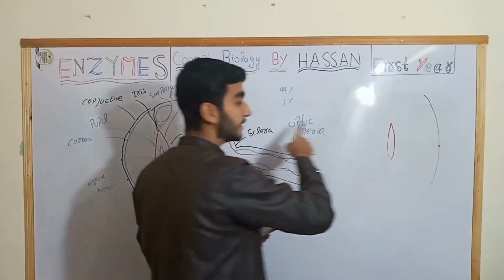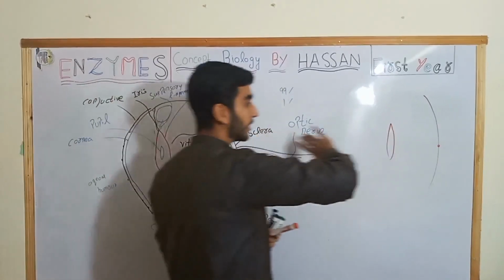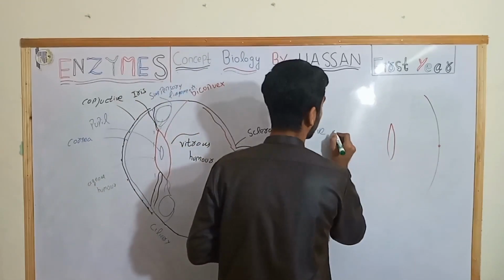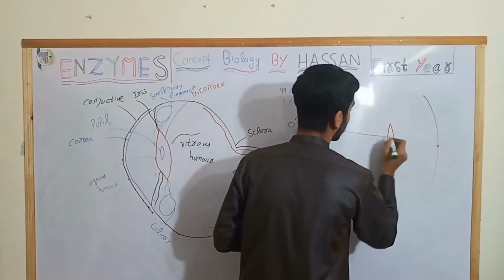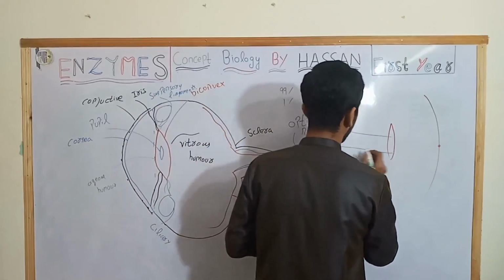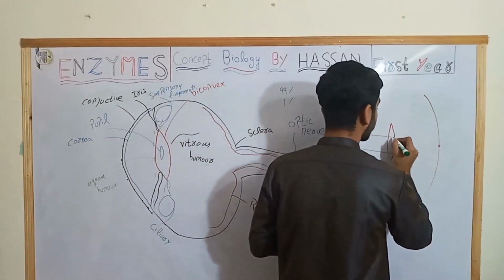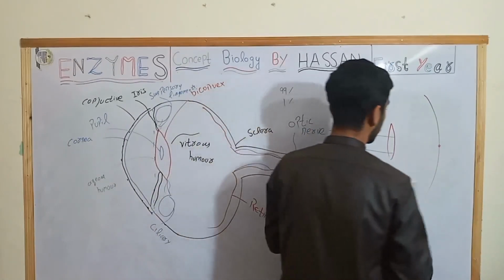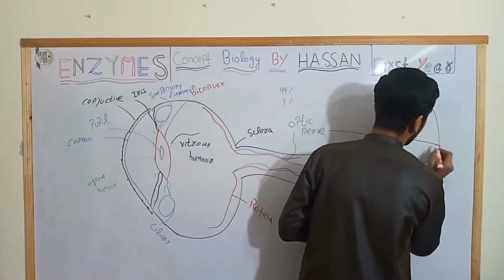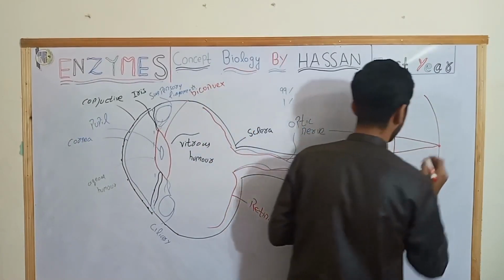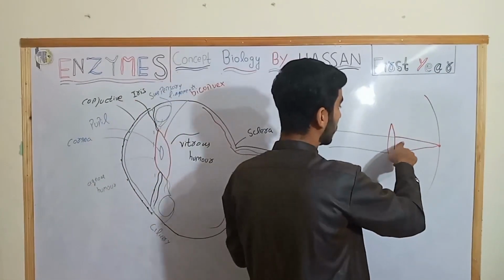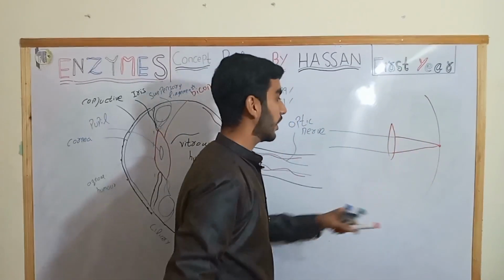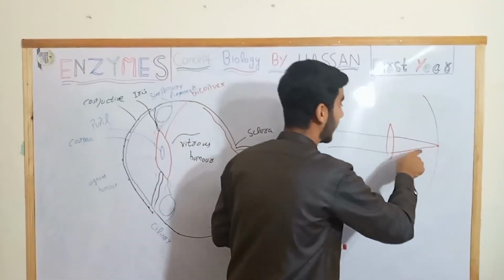If the object is far away from our eye, then the light coming towards the lens is parallel. So parallel rays come to our eye, and the lens bends this light to the retina. In that situation the lens does not work very much to bend the light.